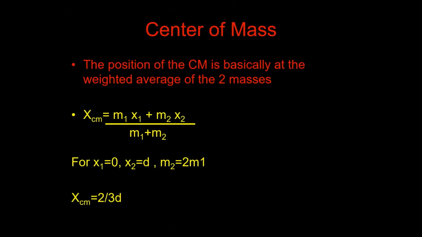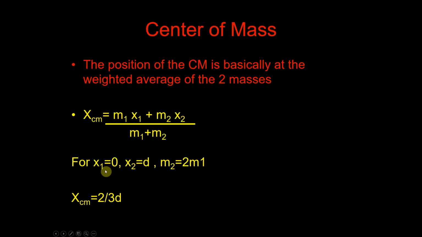This really boils down to a relatively simple equation. The position of the center of mass is basically a weighted average of the masses. So the position of the center of mass will be m1 times x1 plus m2 times the position of m2, x2, divided by the addition of the two masses.